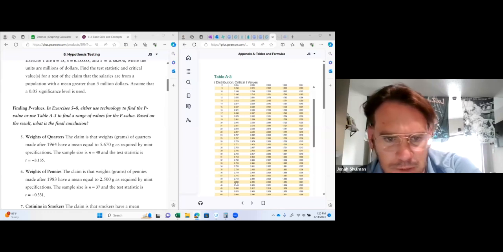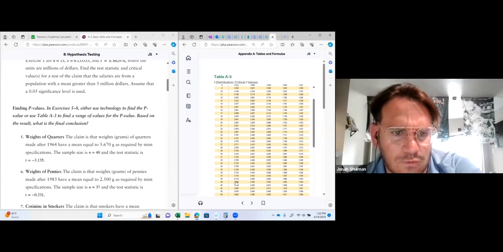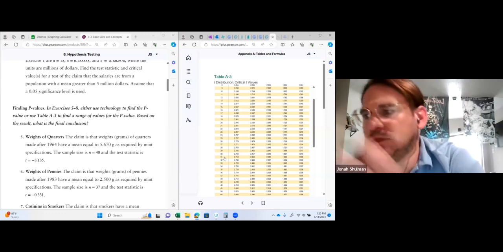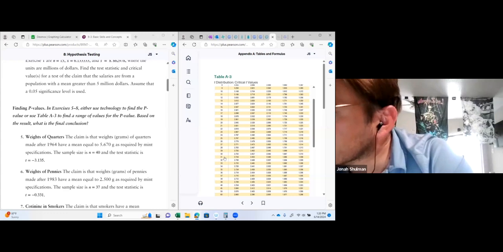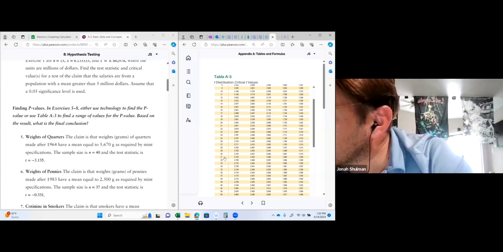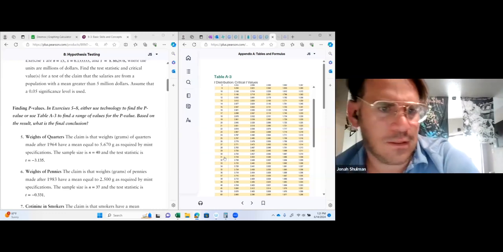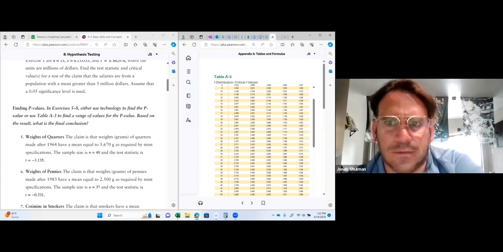So I think that makes sense for why this one is significant, because it's bigger than all these values for the 39. So it doesn't matter which one you are. Let's see what 5 says. 5 says the p-value is 0.0033. How'd they get that?